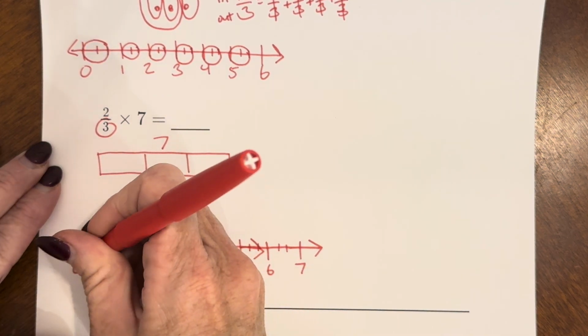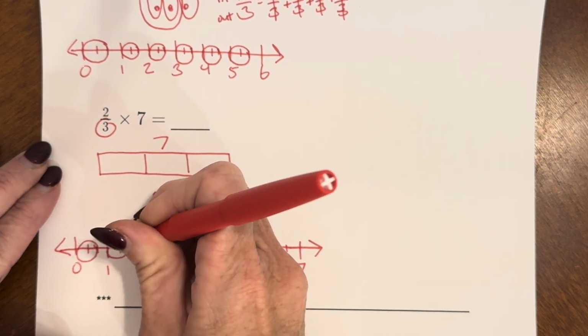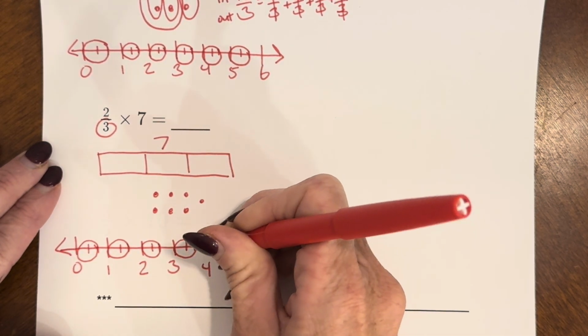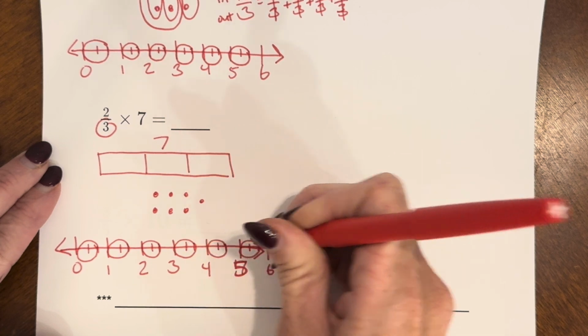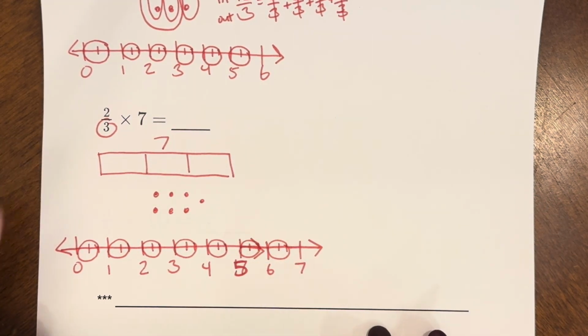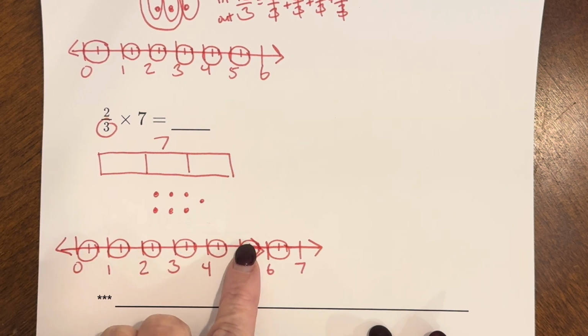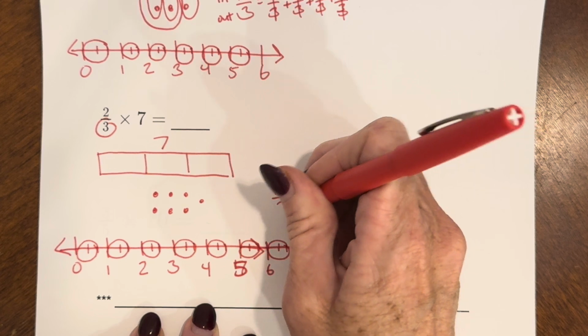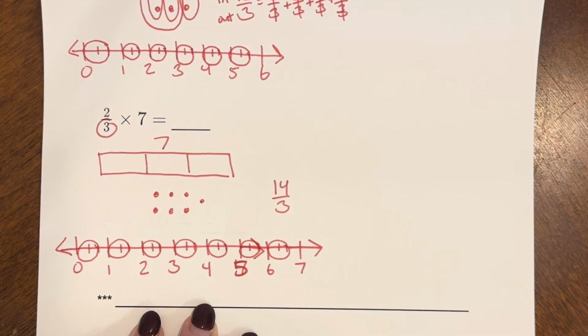So I need 2 there, 2 here, 2 there, 2 there, 2 there, 2 there, and 2 there. So I have 2, 4, 6, 8, 10, 12, 14 thirds. So my answer is 14 thirds, but that's an improper or greater than 1 fraction, so I don't want to leave that.